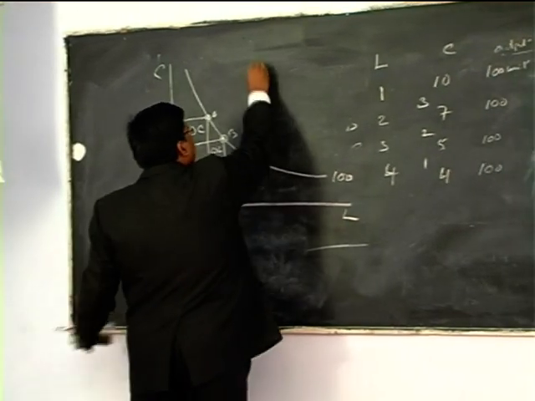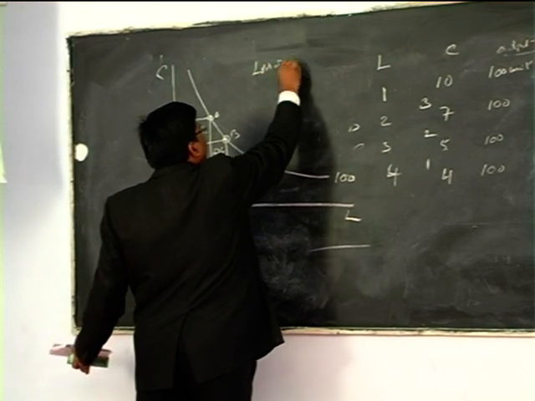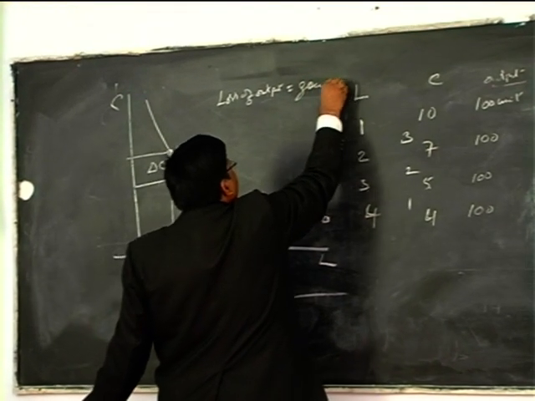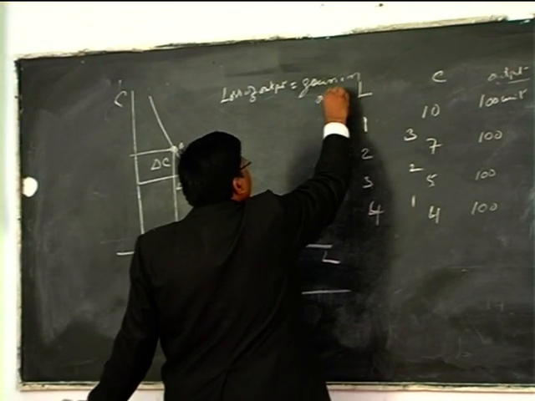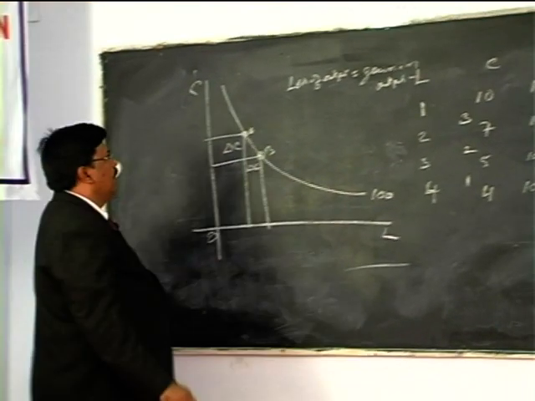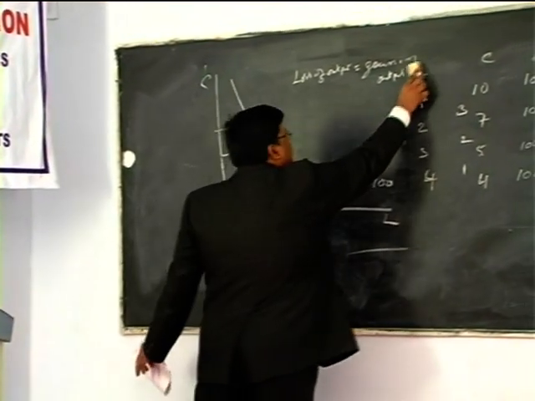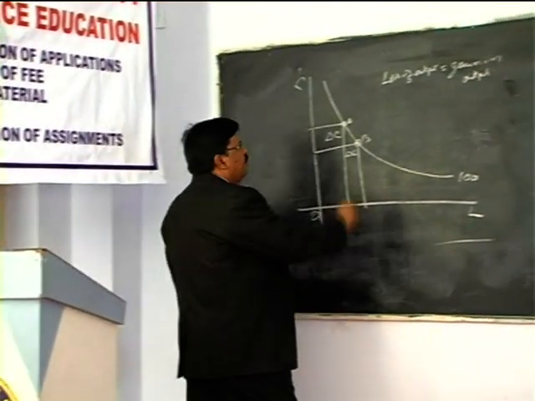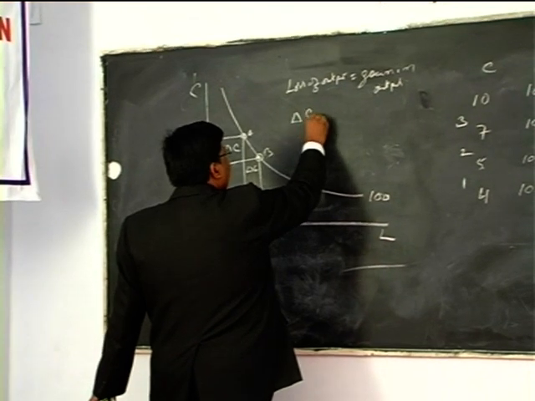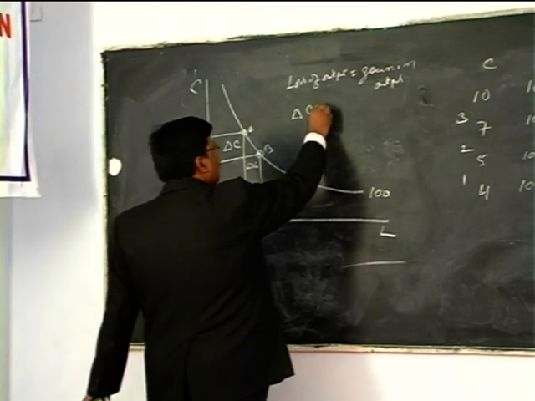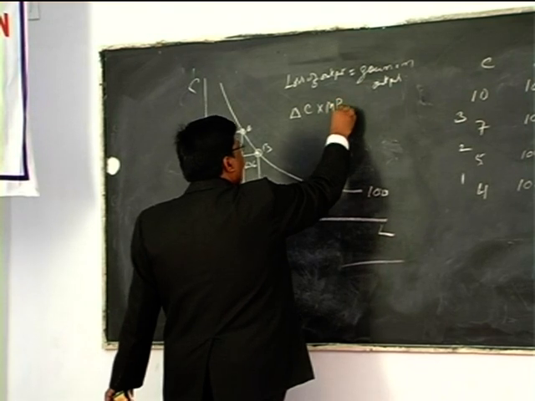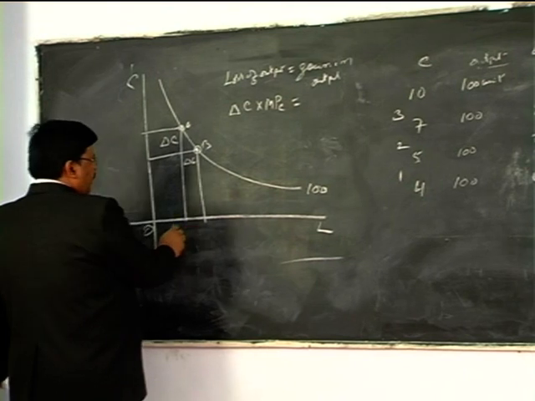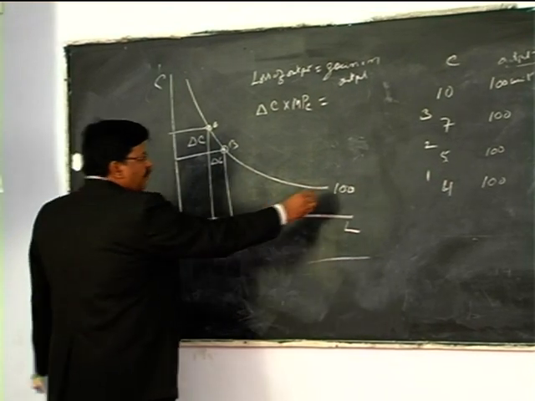So there is a loss of output, which must be equal to the gain in output. What is the loss of output? Delta C units of capital given up times the marginal productivity of capital is equal to the gain in output. Loss must be equal to gain, then only output remains the same, 100.